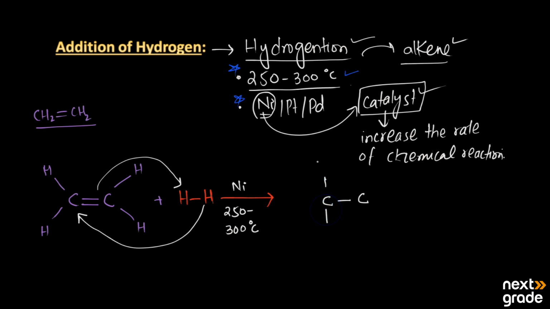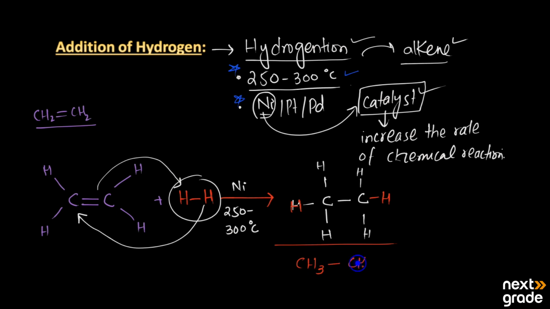Now in the product we get a carbon-carbon single bond. We have two hydrogens already on each carbon atom, and next the added hydrogen goes over there. So here we have the added hydrogen. The double bond has been removed by the addition of hydrogen. This process is known as hydrogenation, and in this reaction we have converted a simple alkene to an alkane.